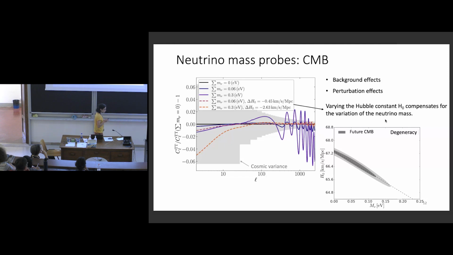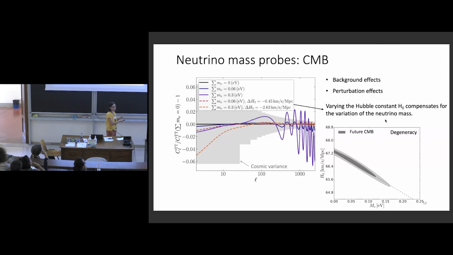The message is that if you take into account only the CMB, you can always vary other parameters of your cosmological model and compensate for the effect of the neutrino mass. So basically, you can hide the effect of massive neutrinos, getting pretty much within cosmic variance the same CMB observable.